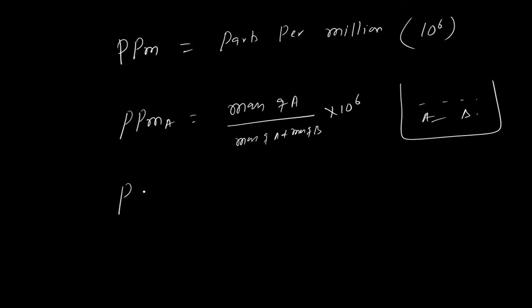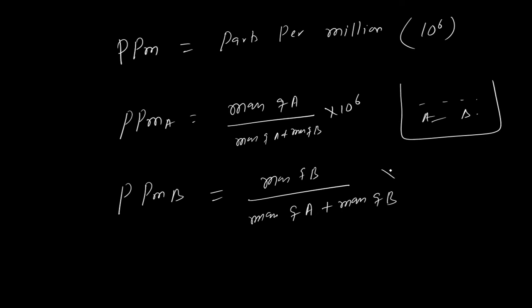If you want to find the ppm for B, the other component, it is mass of B upon mass of A plus mass of B, into 10 power 6. Whatever question is asked will come from here. So we will study some questions from ppm.